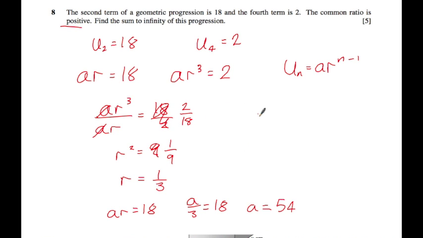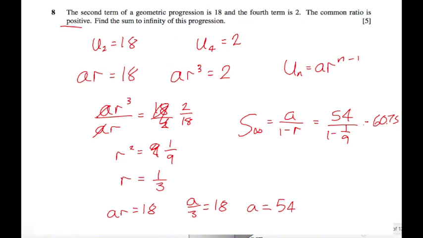So now we can do our sum to infinity, which is A over 1 minus R, so that's going to be 54 over 1 minus a ninth. Which is 243 over 4, or if you prefer decimals, 60.75.